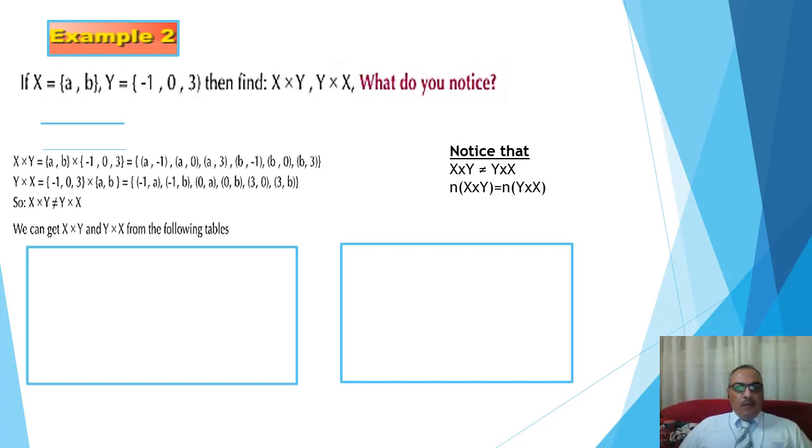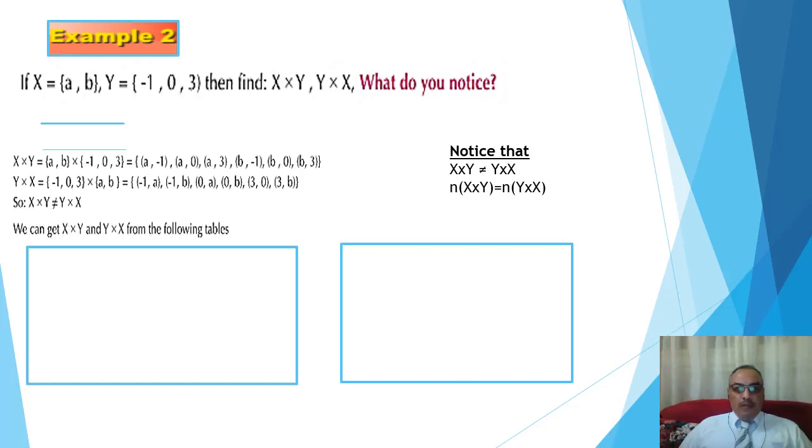So we need to learn the meaning of X product Y, not X multiply. This operation is not multiplying but is product. So we learn together the meaning of this operation.